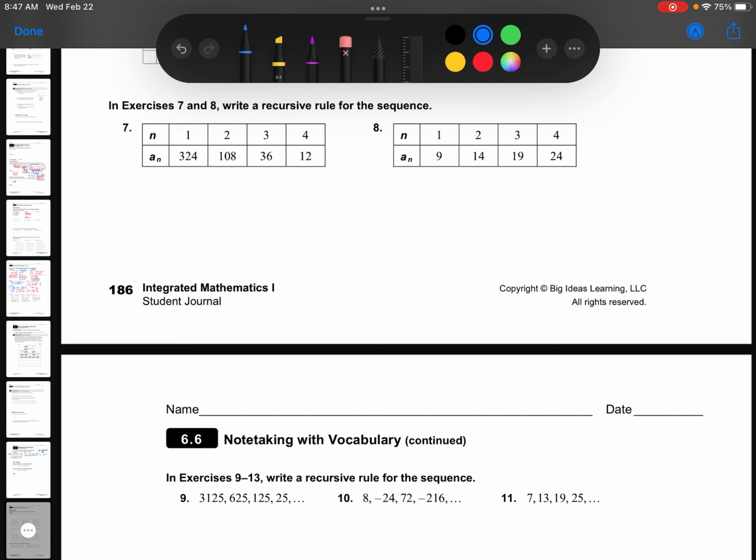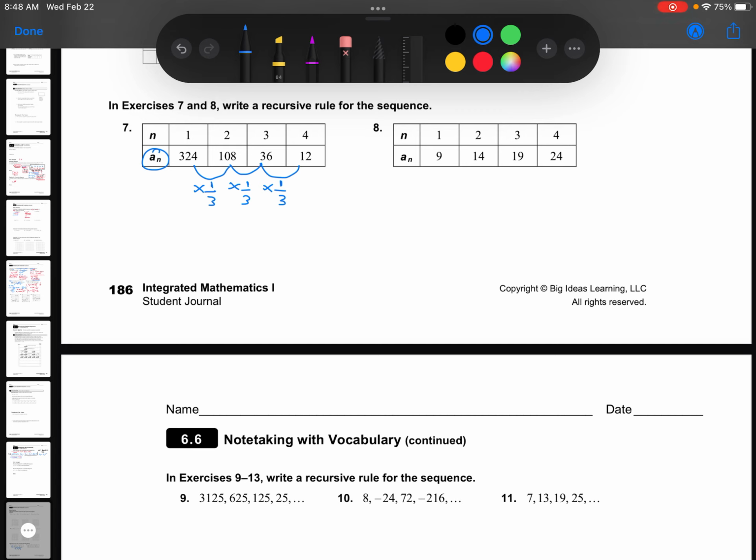I want to know what is going on with number 7. And I want to analyze the a sub n terms. Probably you might say, well, it seems like it's multiplying by something that is less than 1 because this is decreasing every time. Well, it happens that this common ratio is 1/3.